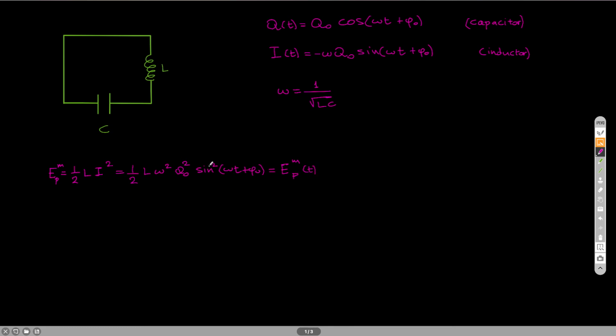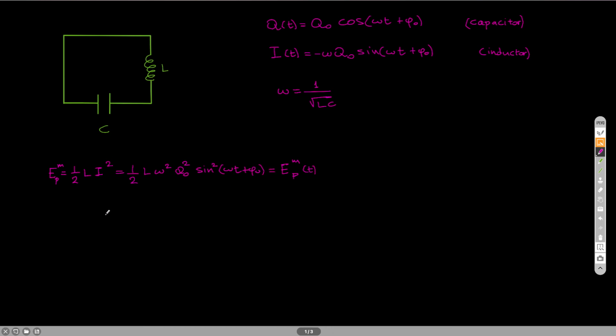And because I have the sine squared, it also shows me that this quantity goes up and down, up and down. It is essentially oscillating between 0 and its maximum value forever in this circuit.